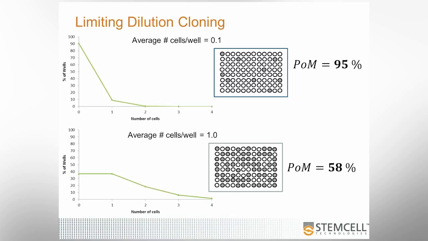But you also have a lot more wells expected to contain more than one cell. And this is intuitive when you look at the plate. So although we have an average of one cell per well, there are still a lot of empty wells on the plate. And that's because a lot of the other wells are multiply seeded.